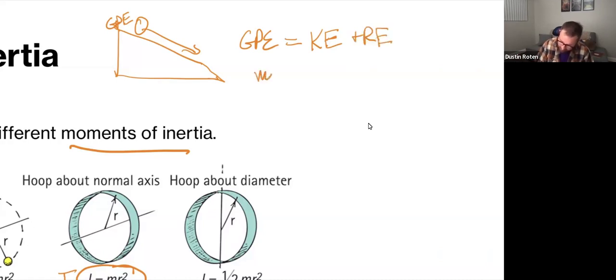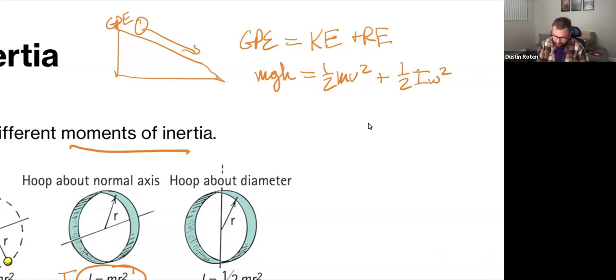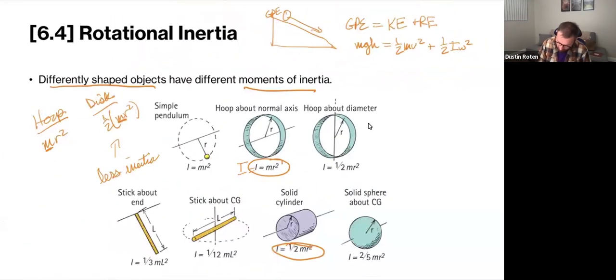Now, the idea here is that we can take our mgh that we talked about in the last module, our gravitational potential energy. Some of that's going to go into kinetic energy, 1/2 mv squared. And then you don't have to remember this, I'm just going to give it to you. Our rotational energy is 1/2 I omega squared. Now, remember, all of these moments of inertia have an mr squared in them, just with a different number out front.